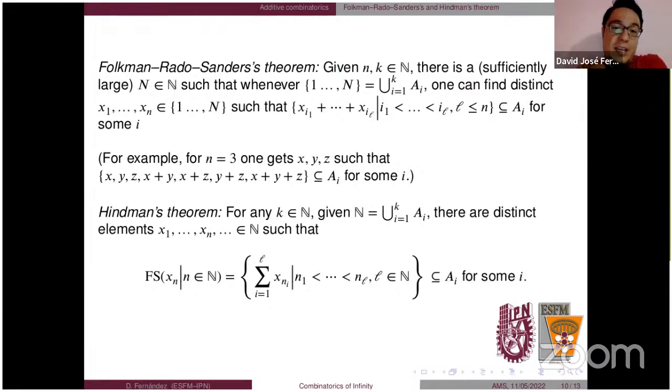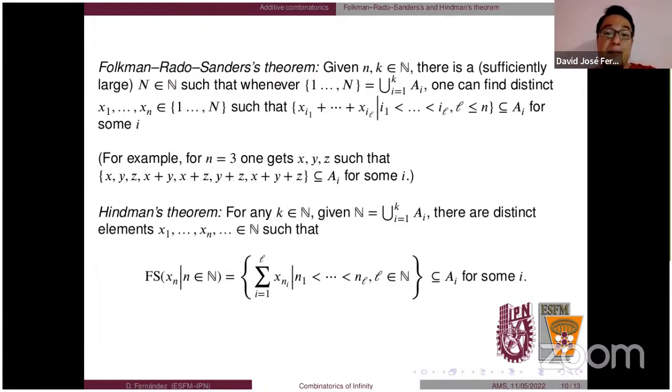All right, so this is very nice and dandy, but if we wanted to generalize this, it's not clear to what. So we want to color, instead of the natural numbers, some uncountable structure. But what kind of uncountable structure? Well, one obvious option would be the reals, right?